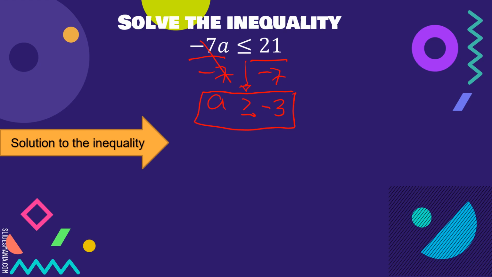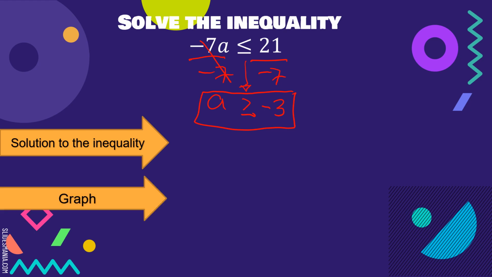And the next thing that we are going to do is sketch the graph. So we have here negative 3, negative 2, negative 1, and then 0, 1. And then this is greater than or equal to, so we are going to make a solid circle. Our sign of inequality points to the right, so this should be sketched on the right side.